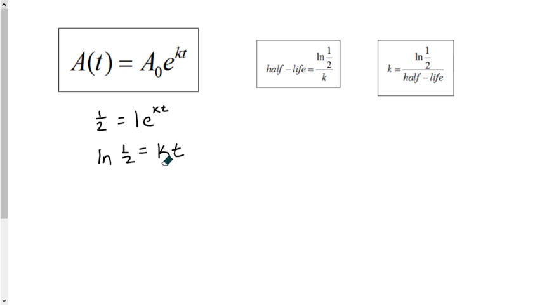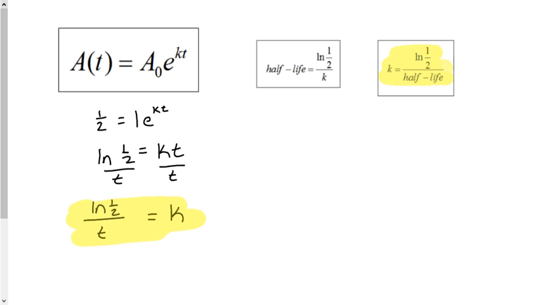And then if I divide both sides by t, remember, we're trying to find the half-life, or something related to the half-life. So t is actually the half-life in this. And so it is an amount of time, but that's why we have k equal to natural log 1/2 over t. k equals natural log 1/2 over half-life. That's not half minus life, that's half-life. And so that is an amount of time. That's where that formula comes from.